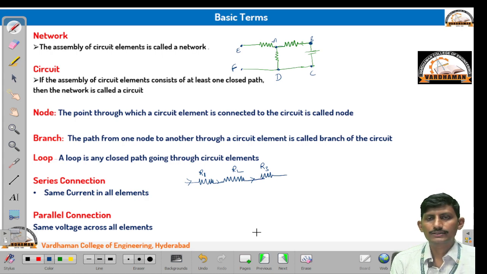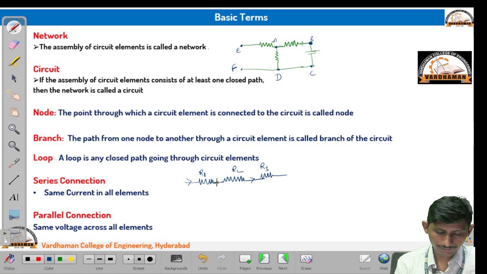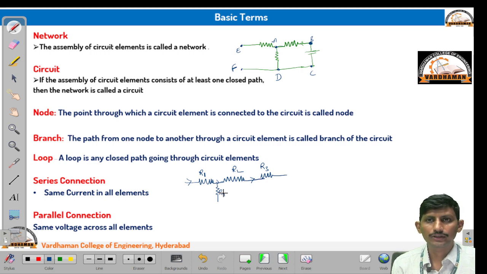In other words, if two elements are connected at only one terminal, then it is called series connection. The condition is there should not be any other element connected at the same connecting point or node. For example, if I connect another resistance R4, then we cannot call R1 and R2 in series. Here only R2 and R3 are in series, but R1 and R4 are not in series connection.